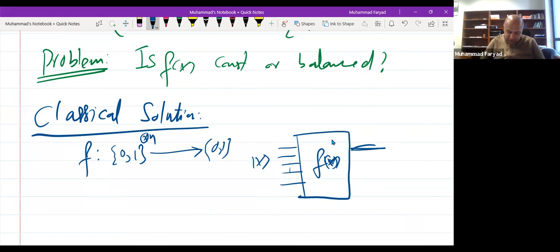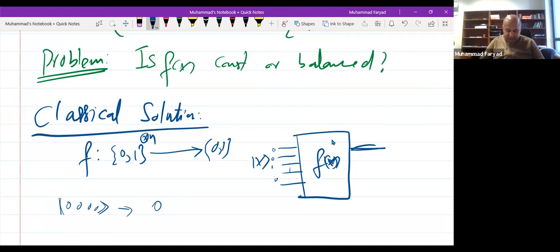So the classical solution is this, a naive way: I can give this 0, 0, 0 as input and see what the output is. I'm still using this ket notation, but we're just talking about the classical solution. So you give it 0, 0, 0 and you record whatever the output is. Suppose you get 0.